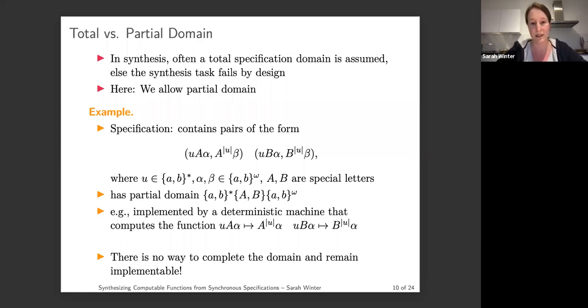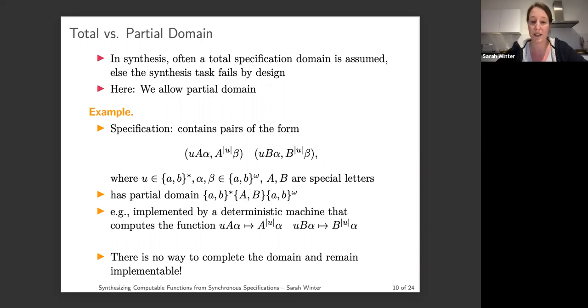If we take a look at this example, we have seen that we can implement it, but if we try to complete the domain, it would also include all input values where the string simply contains only small a and small b. And if we imagine that we have some kind of implementation, then we would read a string, for example, that only consists of small a's. Then eventually we would produce one output symbol, and whatever output symbol is produced, this could be wrong.